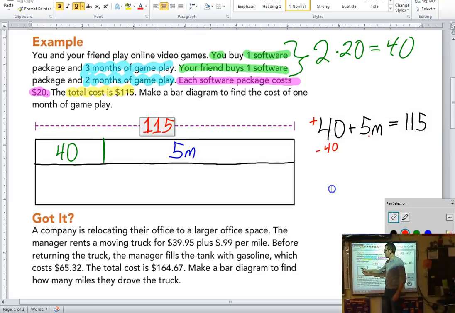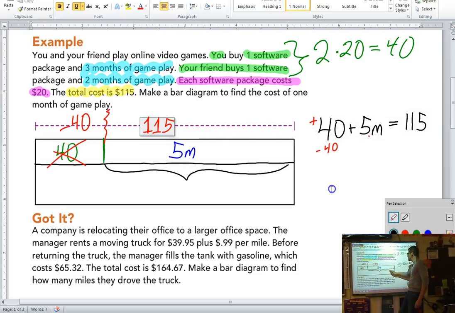Here in my bar diagram, take away the 40, and what is that going to leave you equal to? Right, so 5m, but what's left from the total that you did have if we subtract the 40 away from it? $75. Now, to look at just one of my 5m, I can slice it into 5 pieces.